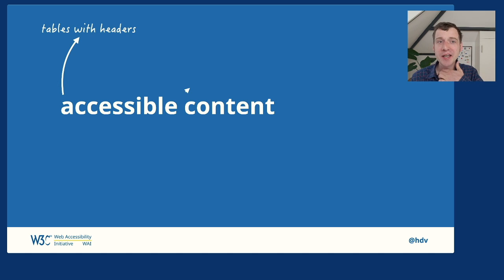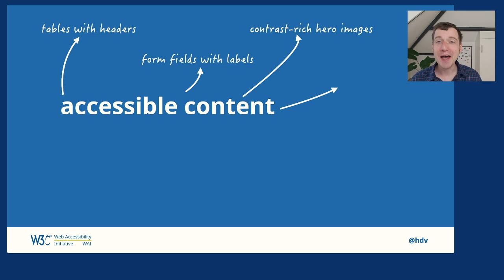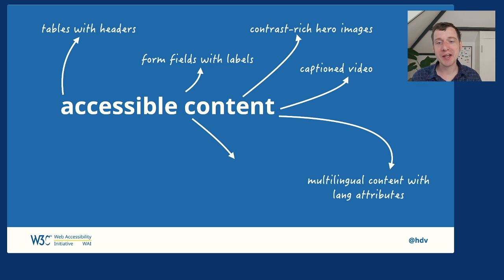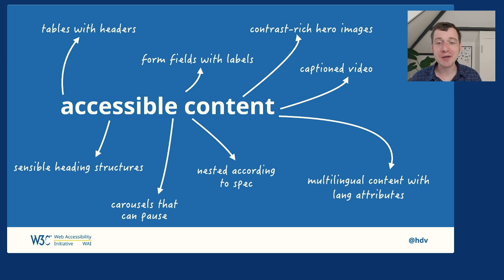It is things like that you have tables with headers, that you have forms with the appropriate labels, that you have hero images with plenty of contrast, that videos are captioned, that you can have multilingual content with the right language attributes, that everything is nested according to specification, that carousels can pause, and that you have sensible heading structure. So all of these things contribute to more accessible content.